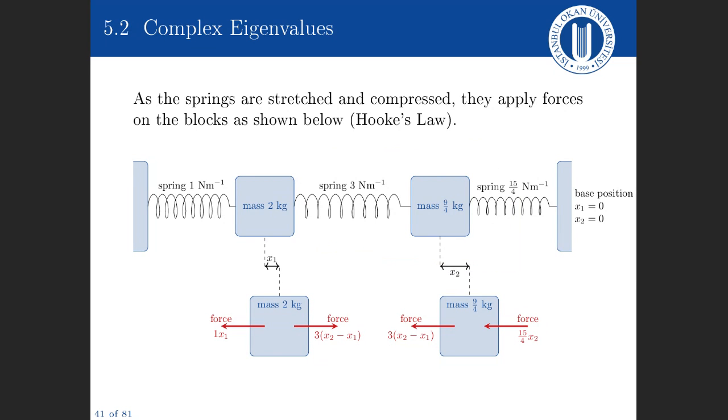And then finally, the right-hand spring is attached to the right-hand block. As the block moves to the right, this spring is going to become compressed and it's going to be wanting to push backwards. So as we move to the right, this force is going to be pushing to the left.